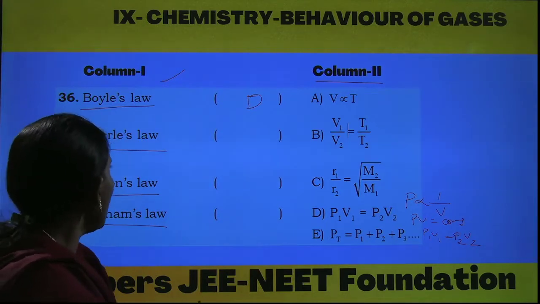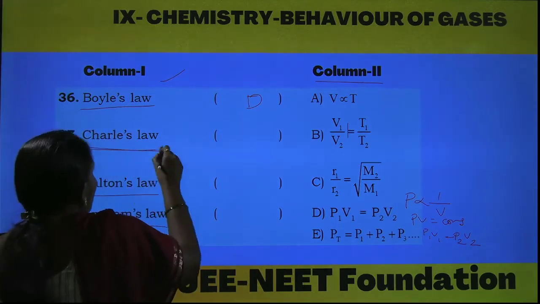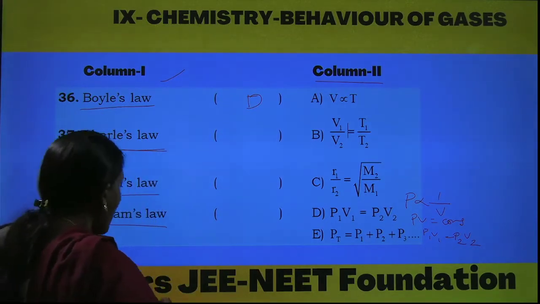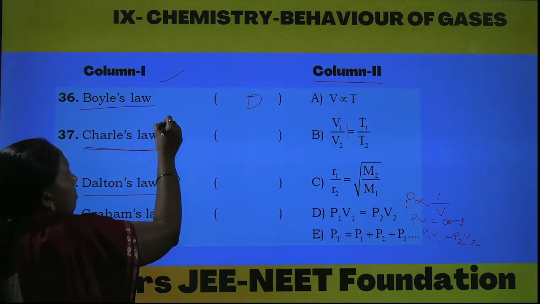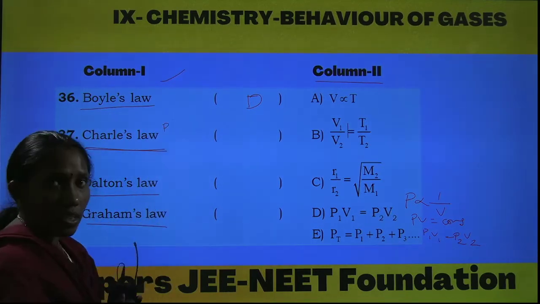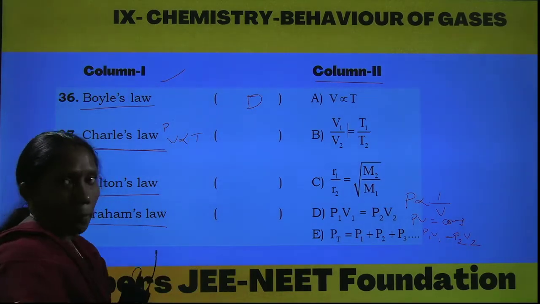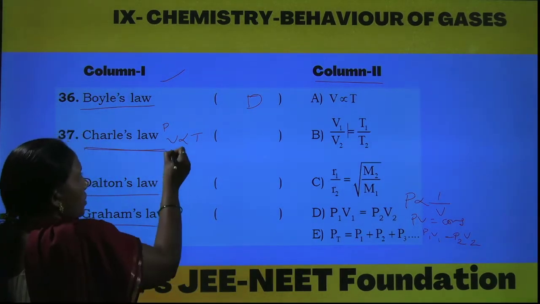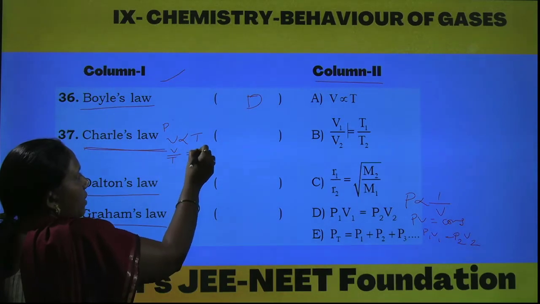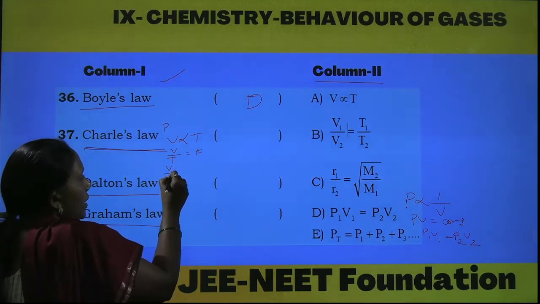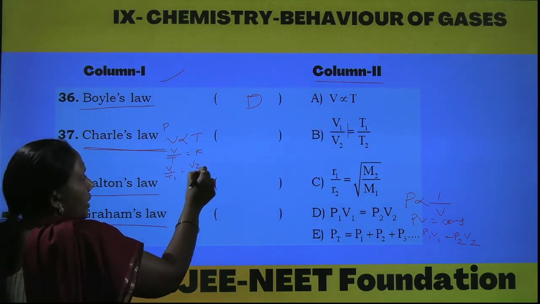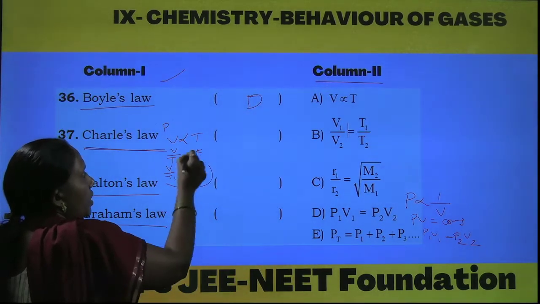Now come to the next one, Charles' law. We know the Charles' law statement: at constant pressure, volume is directly proportional to temperature. Then V by T will be constant, so V1 by T1 equal to V2 by T2. This is the expression for Charles' law.